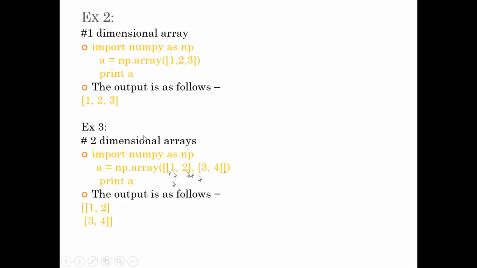That means there are two square bracket groups inside one square bracket. That means you have a two-dimensional list like the one you created earlier. Same thing added to the numpy array.